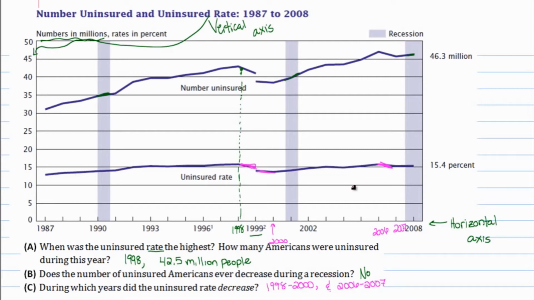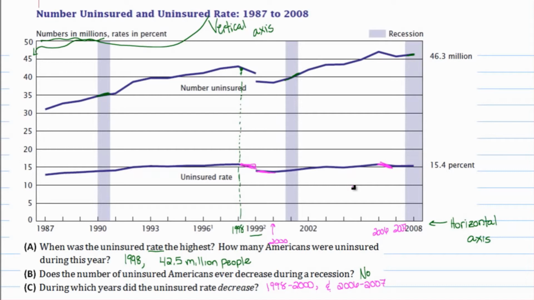By the way, I should probably mention that there are quite a few other questions that can be asked about any type of graph. We can ask during which year did you have the largest rate of decrease, or maybe the largest decrease in the number of uninsured.